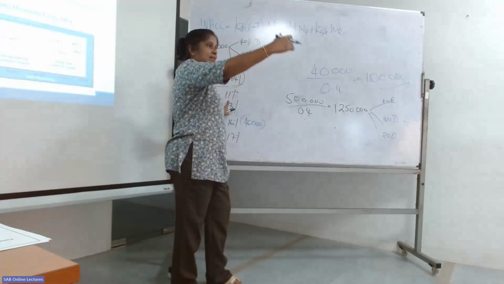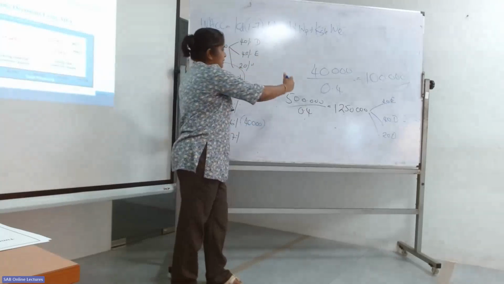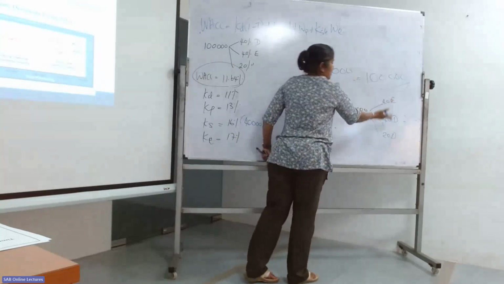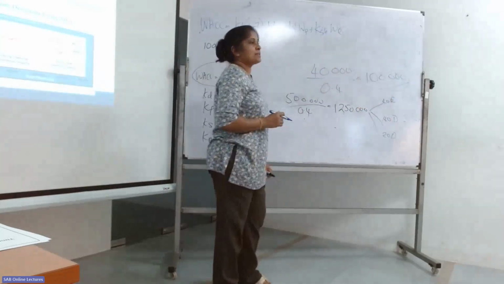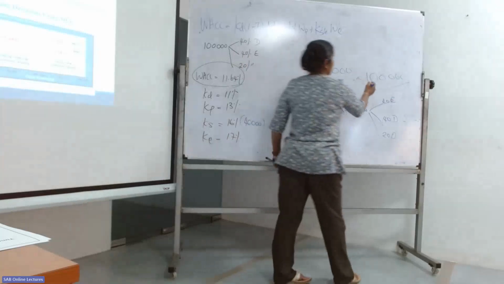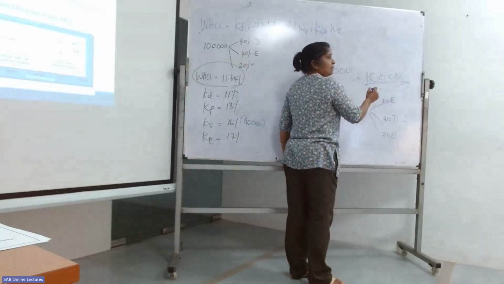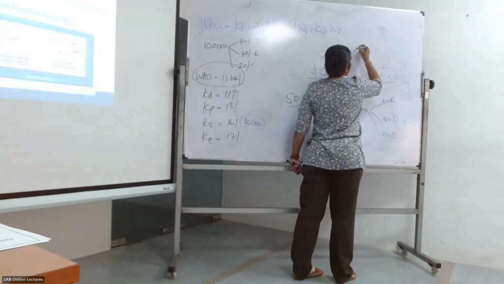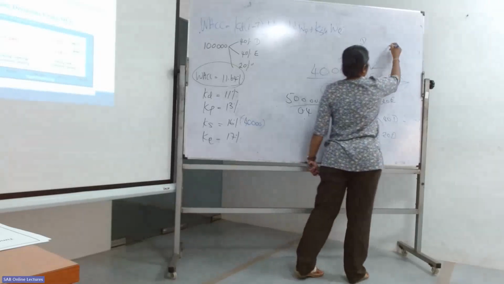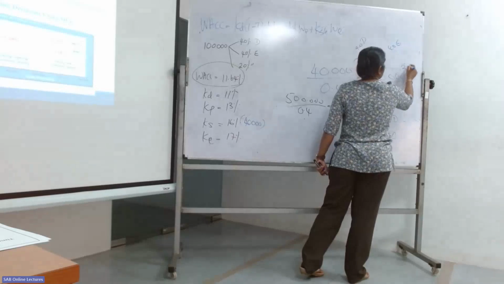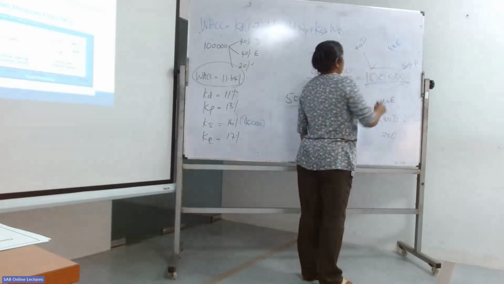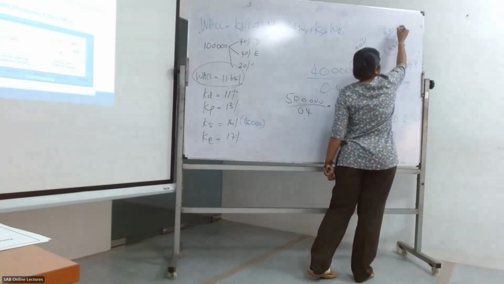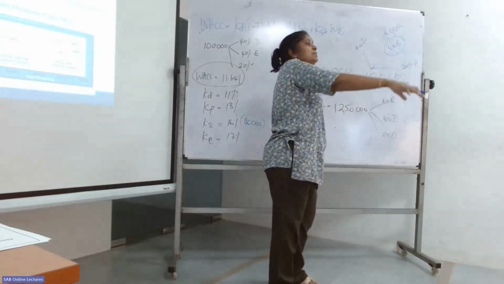Once the total capital exceeds this amount, you have to borrow at 15%. Up to 100,000 we need to finance: 40% from the debt, 40% from the equity, 20% from the preference. 40% from the equity means 40,000.